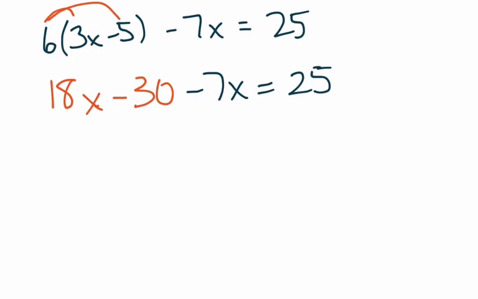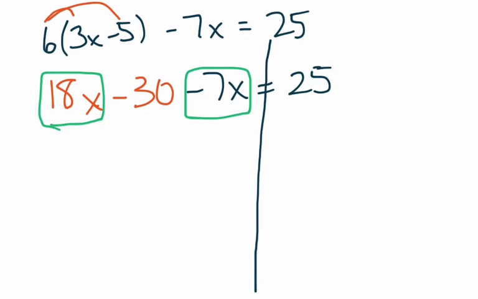And notice that I have a negative 7x and an 18x. And it's really important that we know that they're on the same side of the equation.